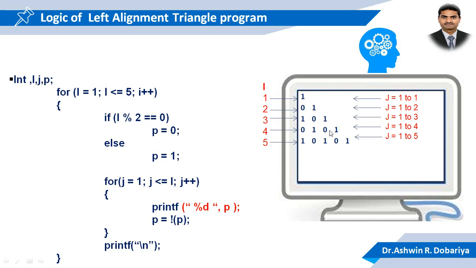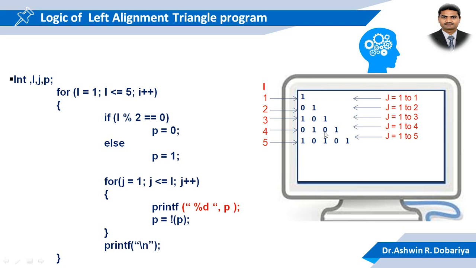Then the inner loop we generally write for how many digits we want to print in each and every line. So here the inner loop in the first line we want to execute only one time, in the second line 2 times, so j will start from 1 and end with 2. In the third line we want to execute the inner loop 3 times because 3 digits we want to print, so j starts from 1 and ends with 3.